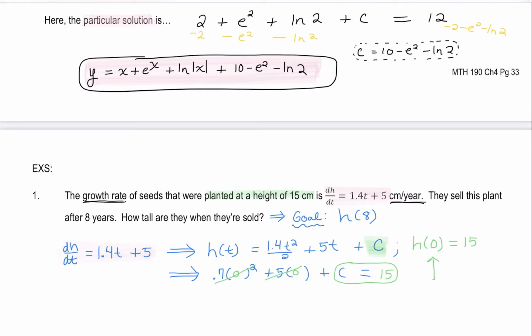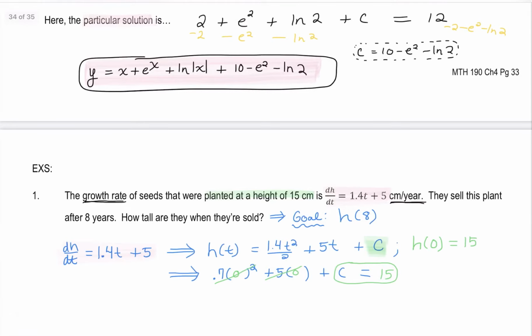But you need to be careful not to fall into the trap of thinking that whenever they give you 0, that's always going to be what the c is. This is true of polynomials, but when you throw in log functions or exponential functions, e to the 0 is not 0, it's 1. So if there was an exponential term or some other type of term, you need to be careful. When it's a polynomial, if they give you something at time 0, that will be your constant.